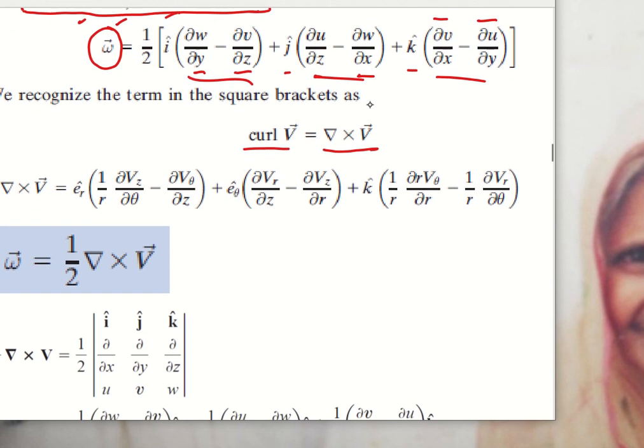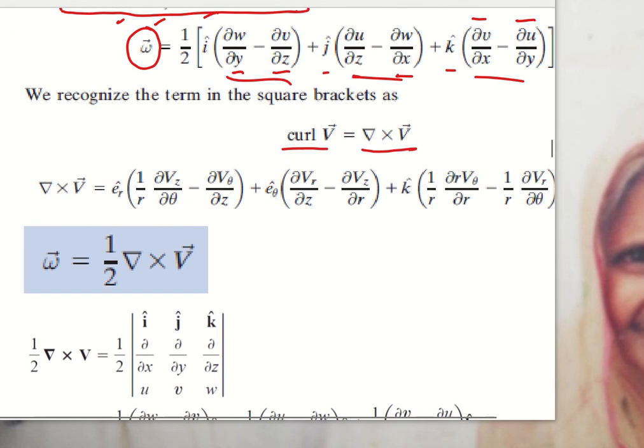Sometimes we write that omega is equal to 1 over 2 curl of v. So with the help of vectors, sometimes these equations may be written in a simplified manner, but for that we must have some exposure to vector analysis.